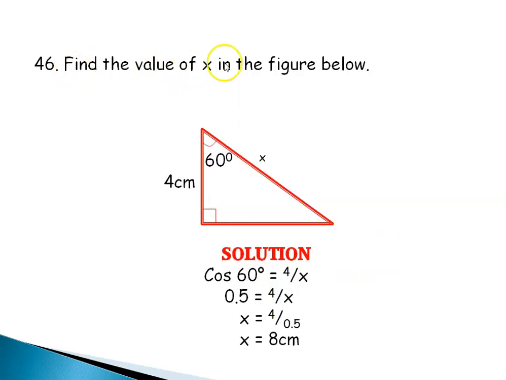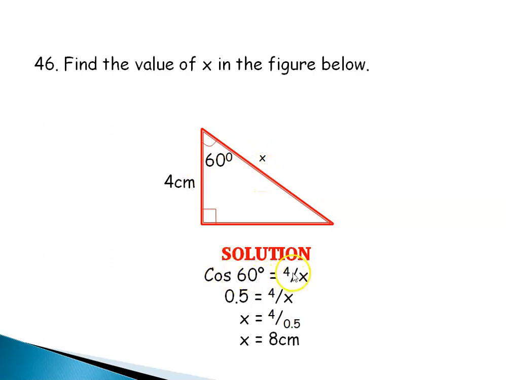46. Find the value of x in the figure below. So this is the diagram. You have your angle 60 degrees, your adjacent 4 centimeters, and the hypotenuse x. So this is trigonometry, and the trigonometry ratio that requires the adjacent and the hypotenuse is cos. So cos 60 degrees is equal to the adjacent 4 divided by the hypotenuse x.